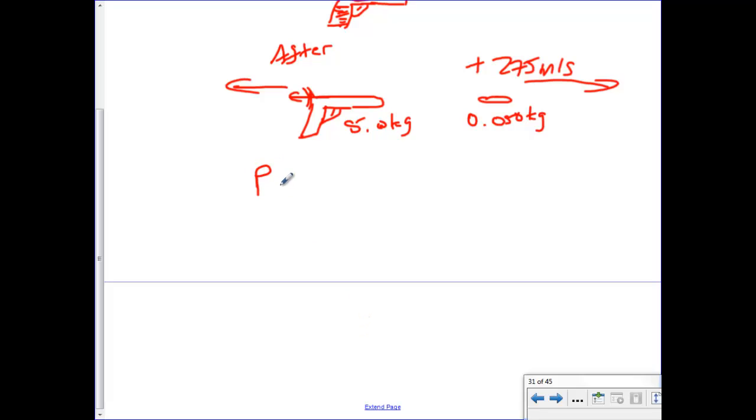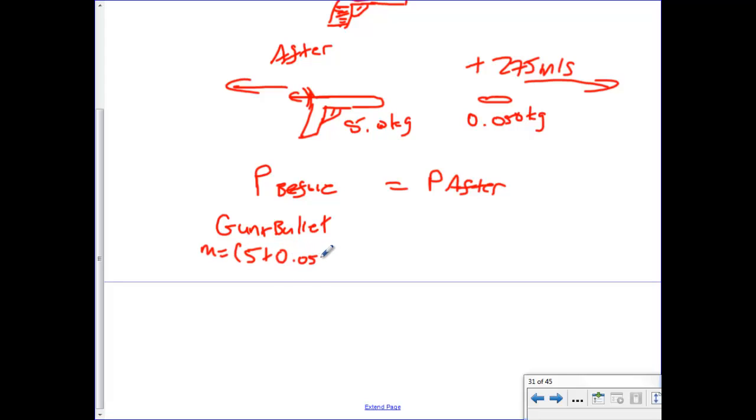Okay, so let's do the same thing we just did the last few questions. Your momentum before will have to equal your momentum after. What did you have before? It's at rest. So I guess technically before you had the gun plus the bullet all together, so your mass would have been 5 plus 0.05, but your velocity was 0.